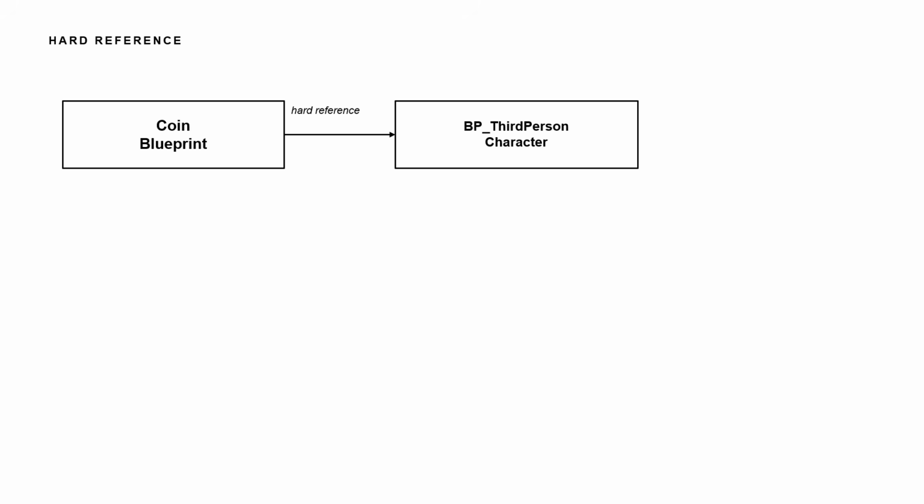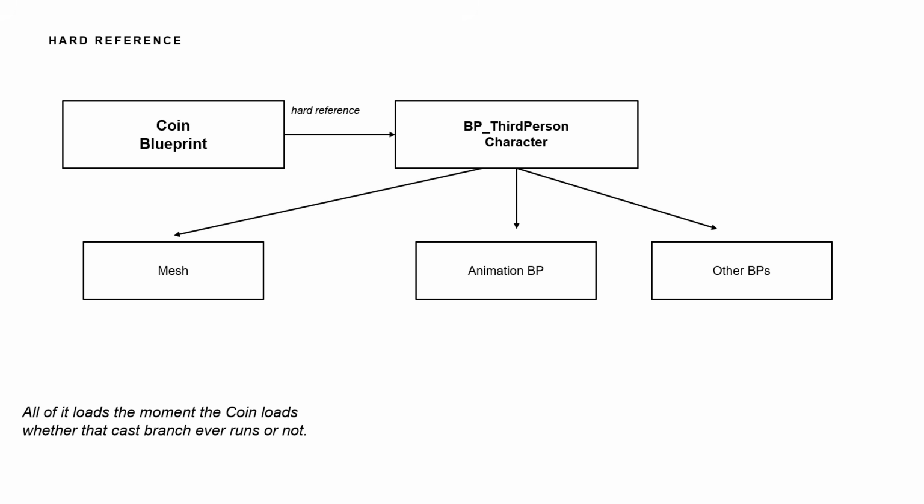When you cast to one of your Blueprint classes, like in my example where the coin is casting to the BP Third Person Character, you create what Unreal Engine calls a hard reference. That's a dependency. In Unreal Engine, whenever an asset loads, everything it holds as a hard reference also loads with it. So the moment I drag my coin Blueprint into my level, everything in the BP Third Person Character also loads with it.